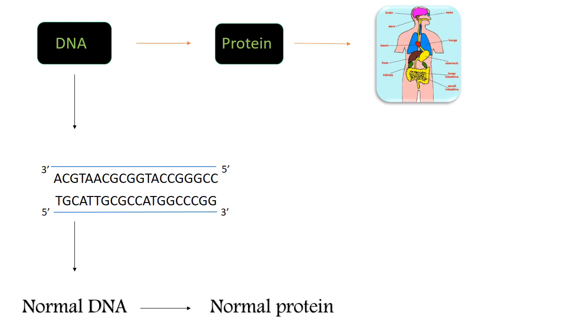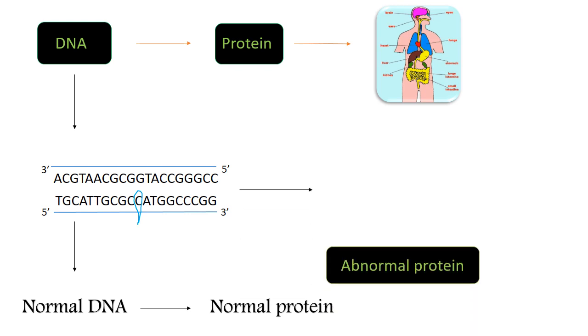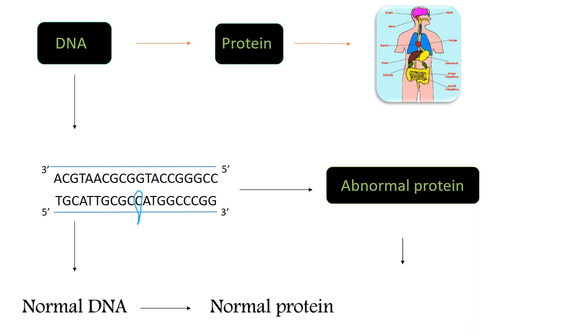But in case the DNA polymerase missed a certain nucleotide, for example, what will happen? This mutation will cause an abnormal protein in most cases, and a disease might occur, isn't it? This is an important issue concerning the DNA polymerase.